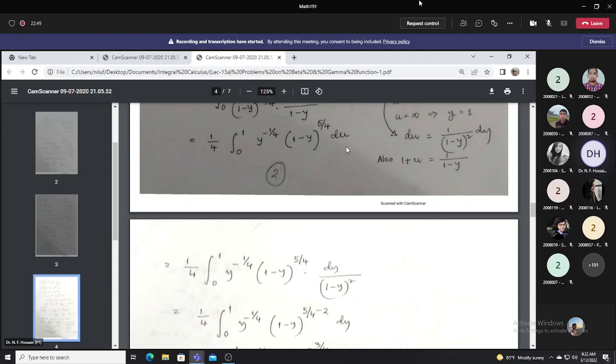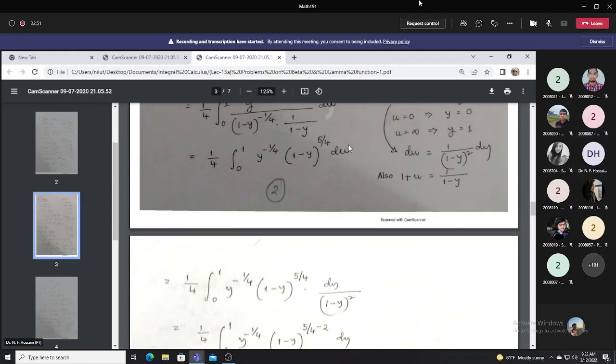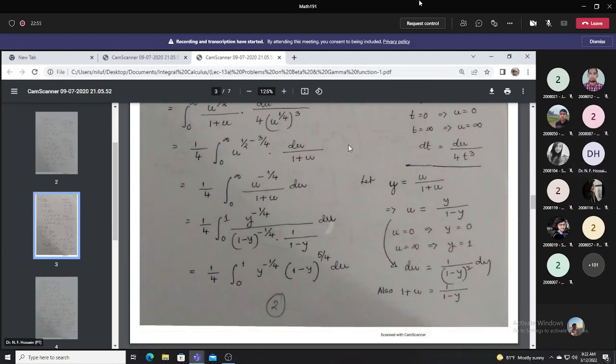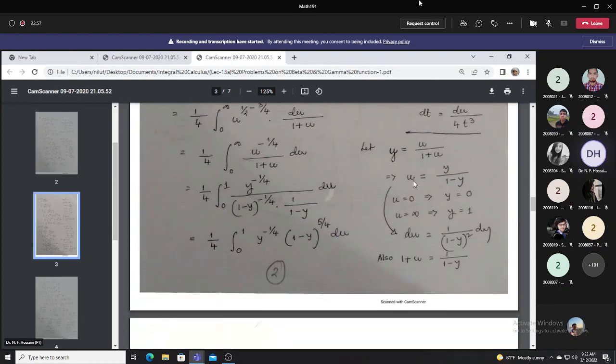Okay, what is the value of du? We didn't write the value of du. It is easy to find the value of du here. The du value should be equal to 1 minus 1 sign, so it should be plus 1 by 1 minus y whole square.